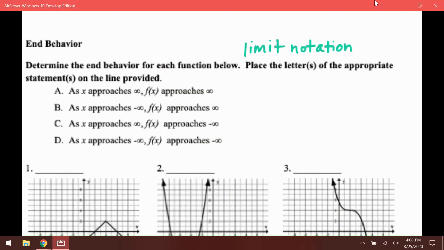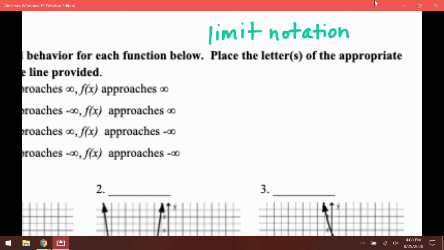So I want to show you how to write each of these answer choices, A, B, C, and D, in limit notation. So A says, as x approaches infinity, f of x approaches infinity. So how I'm going to write A in limit notation is the limit of f of x as x approaches infinity equals infinity.